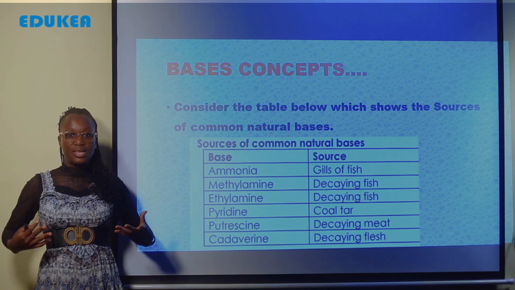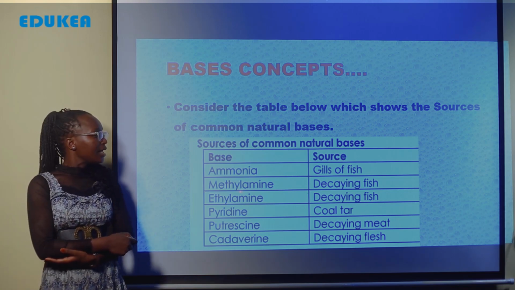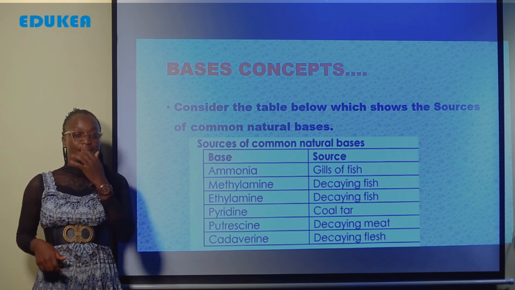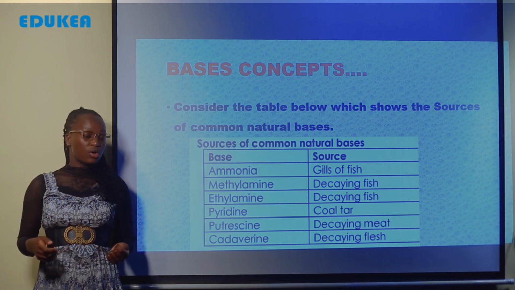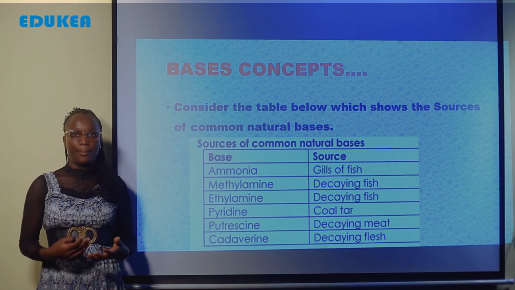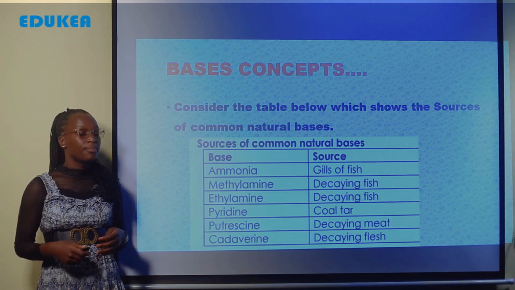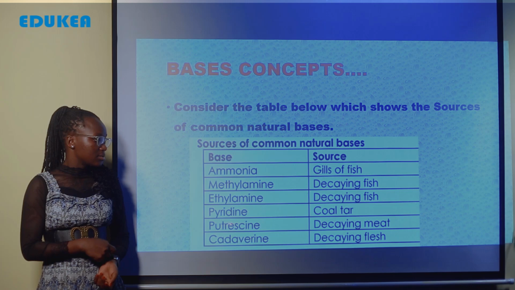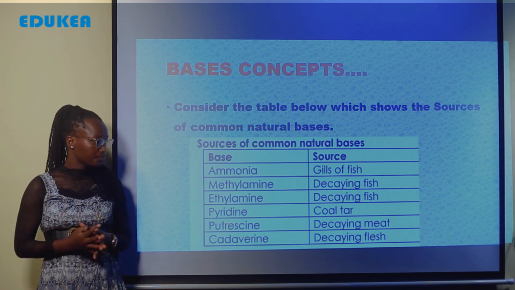Another is methylamine. This is from the decaying fish, kwamba samaki sasa akishakufa, akishaoza, we are going to have this base of methylamine. Another is ethylamine. This is from decaying fish. Another is pyridine. This is from coal tar, coal. Another is putrescine.